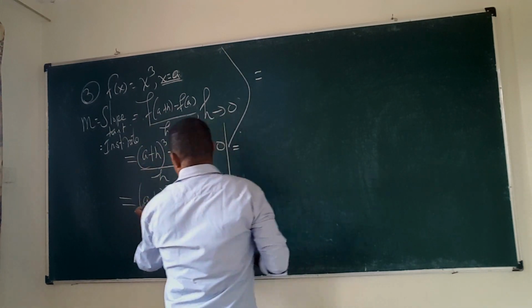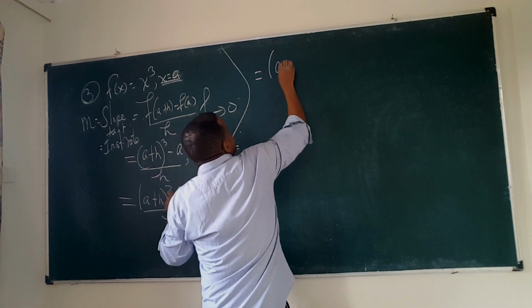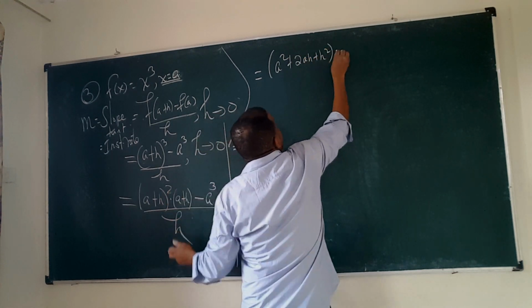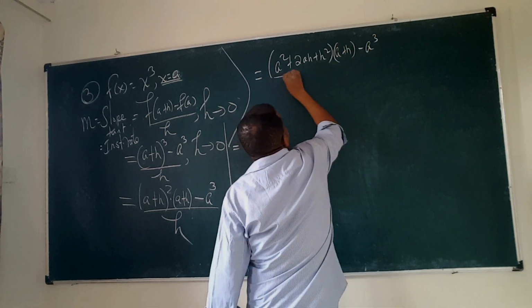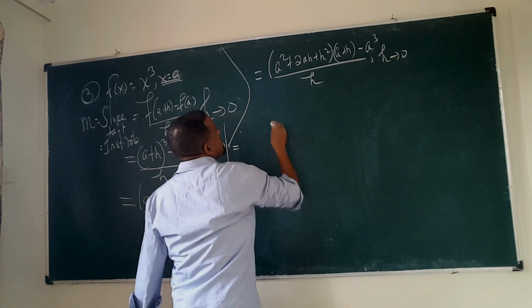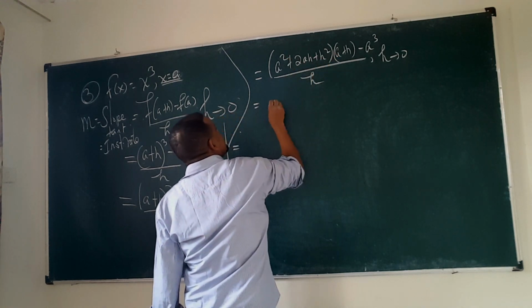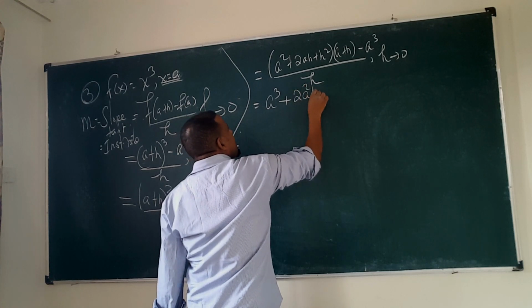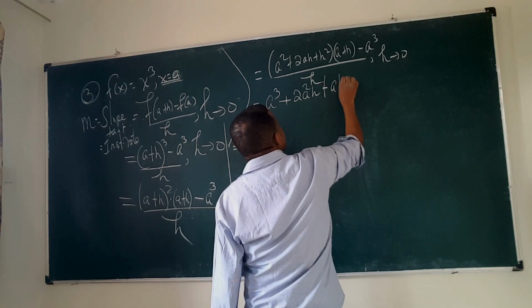a plus h the whole squared we already worked out: that means a squared plus 2ah plus h squared, times a plus h, minus a cubed, over h as h approaches 0. Multiplying through: a times a squared is a cubed, a times 2ah is 2a squared h, a times h squared is ah squared.